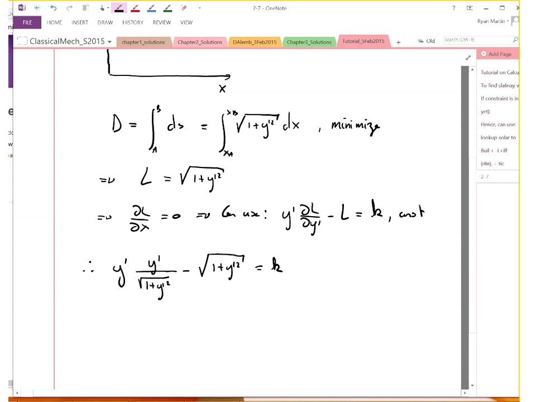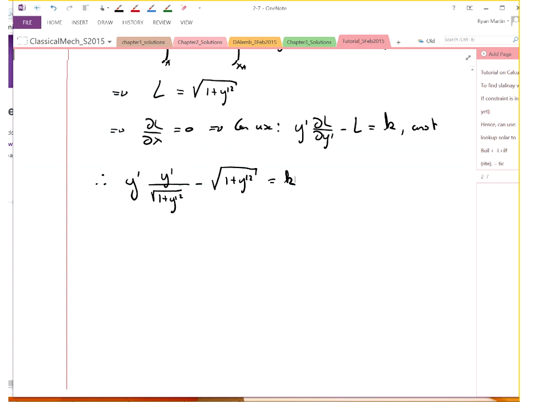And that's got to equal a constant k. So again, let me put everything over the same denominator. So I have 1 over the square root of 1 plus y prime squared. The first term I have a y prime squared, minus 1 minus y prime squared.